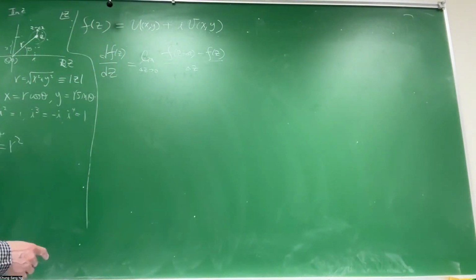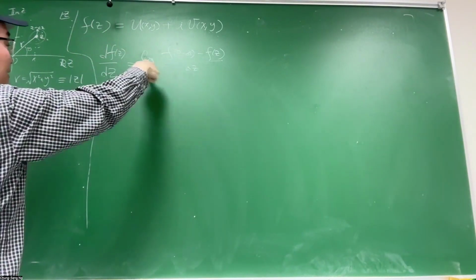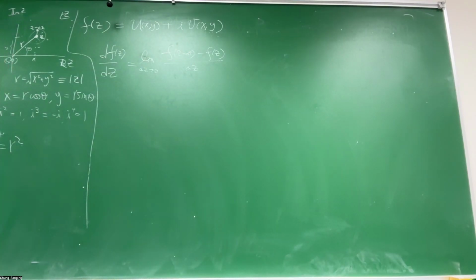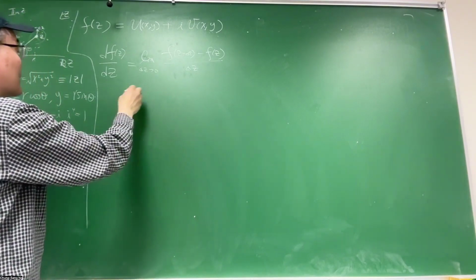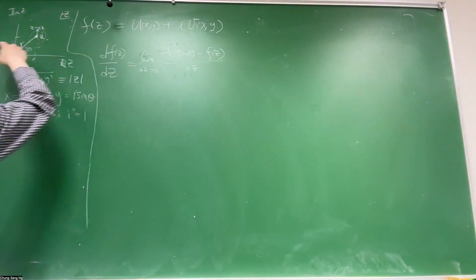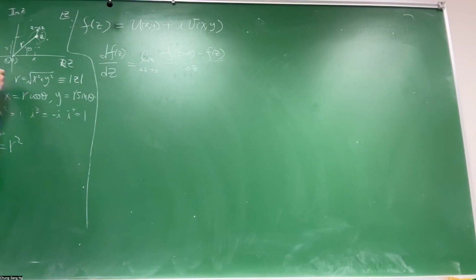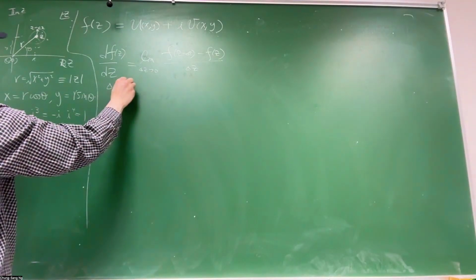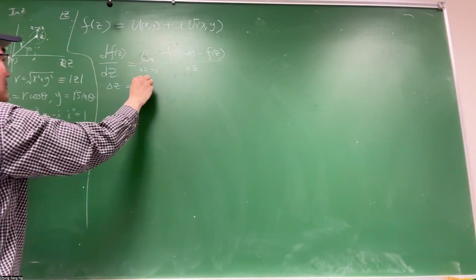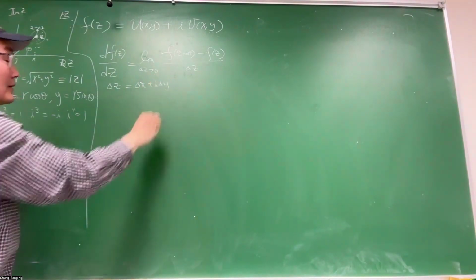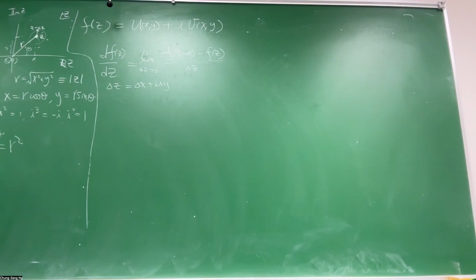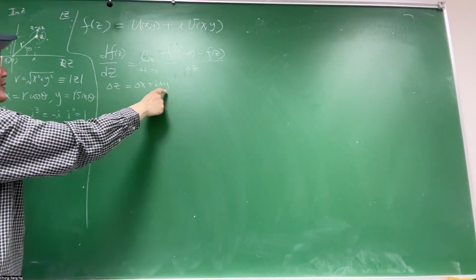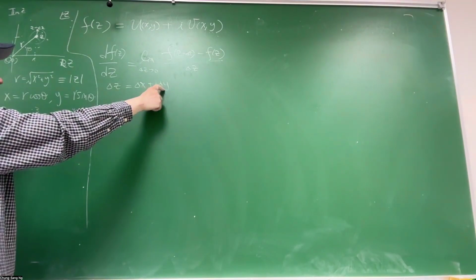If you assume this exists and this process is independent of direction, then we can take delta z to zero using two directions, right? Because delta z is delta x plus i delta y, right? Now you have two choices. You can first set delta x to zero or delta y to zero.